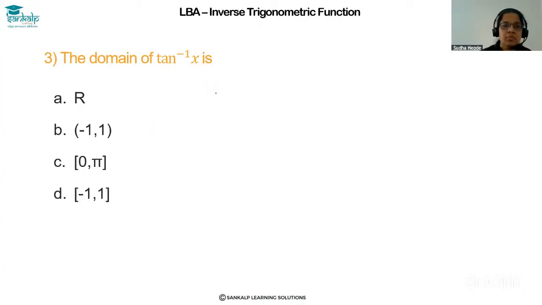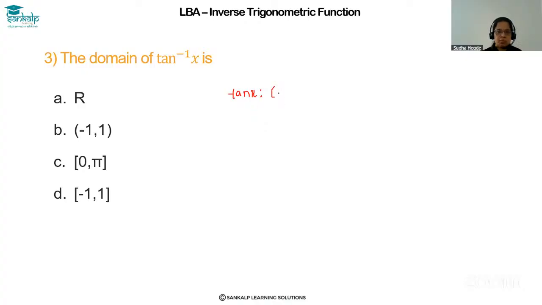Hi students. The question is the domain of tan inverse x. How do we define tan x? Bijective function tan x is from where to where?